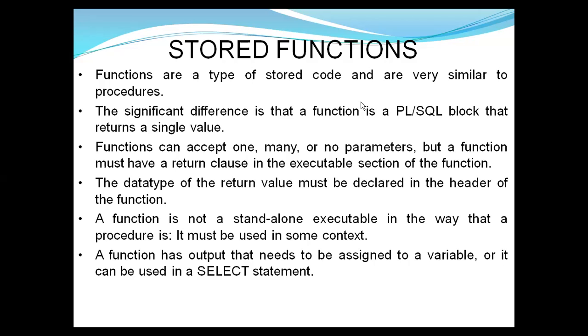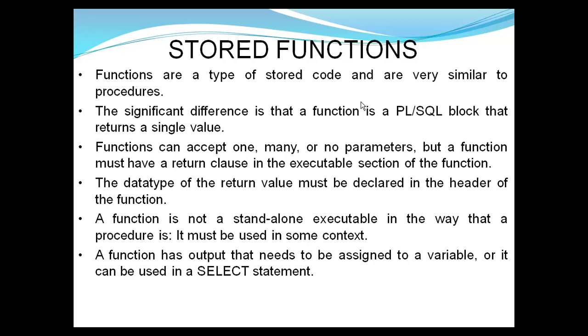The difference is, we can return n number of parameters through the procedures as an out, but a function has to return a single value. Simple. A function can accept one, many, or no parameters, but a function must have some return clause.